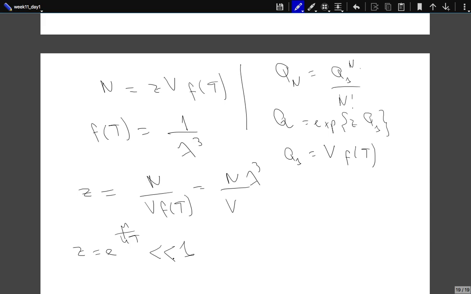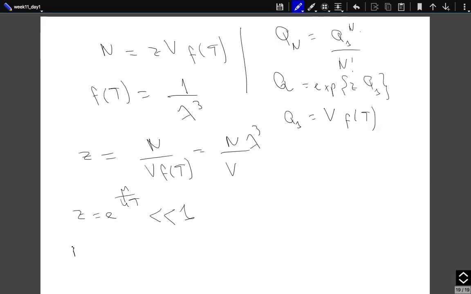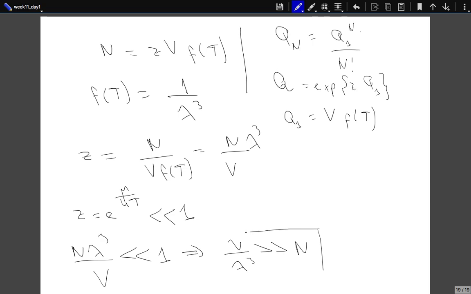But at the same time, in the classical limit, z is just N times lambda cubed over V. So this should be much, much less than 1, or V over lambda cubed should be much, much larger than N. This was one of the criteria we used for the classical limit. Now we have derived it.